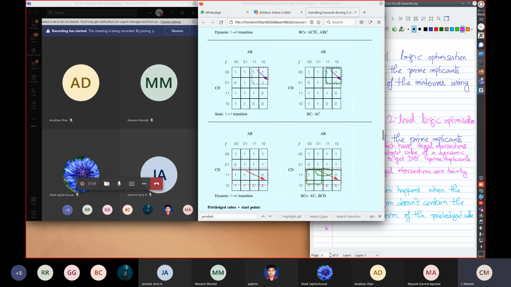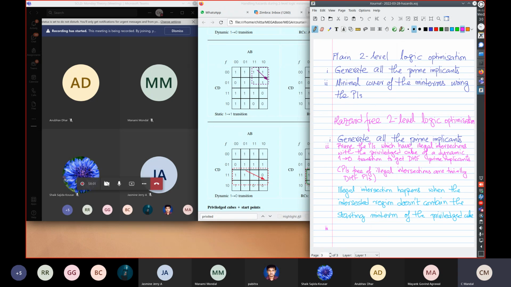Yeah, required cubes. Required cubes should all be covered.